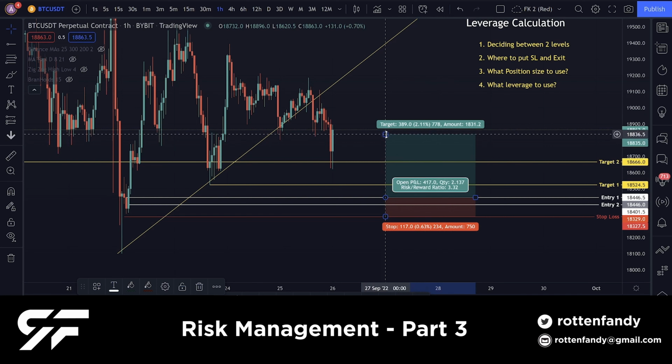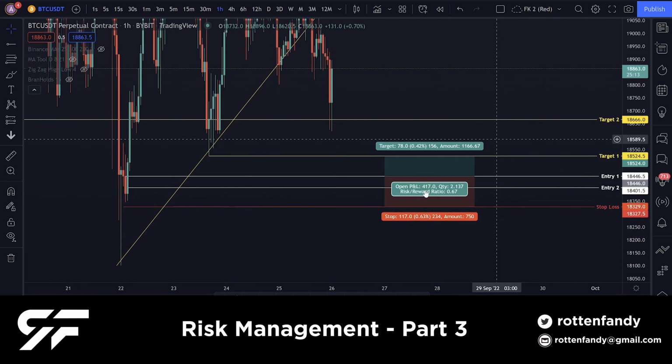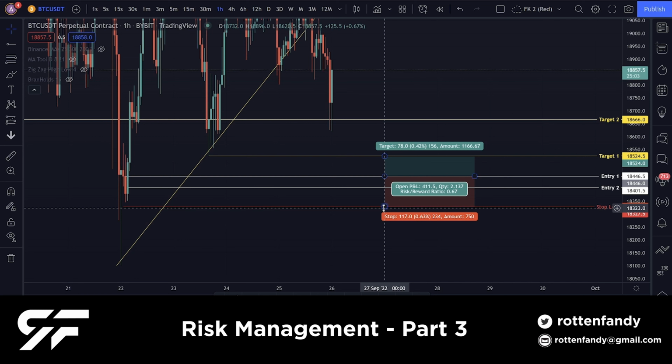So let's say I'm taking this trade, the first level, and because we always go by probabilities on these levels, no matter how good our TA is, we will have losing trades. We can minimize our losses by being patient on the levels and not forcing the trades, but we're not going to be 100% right.